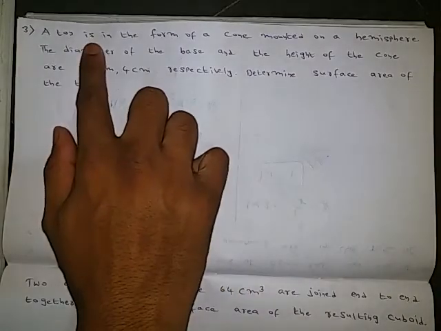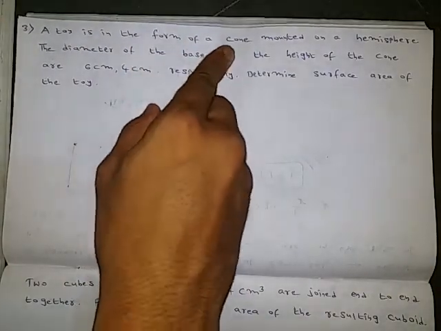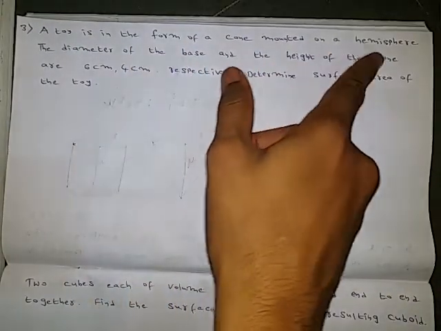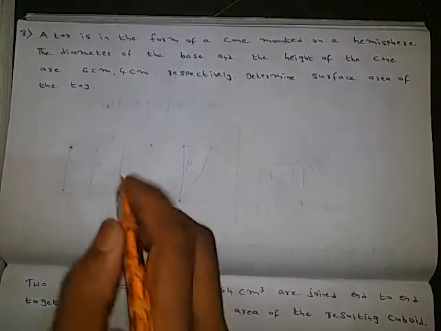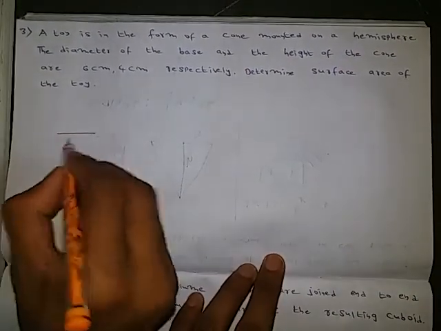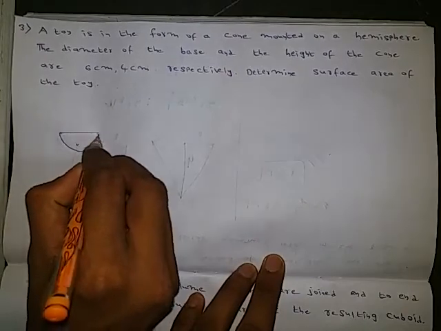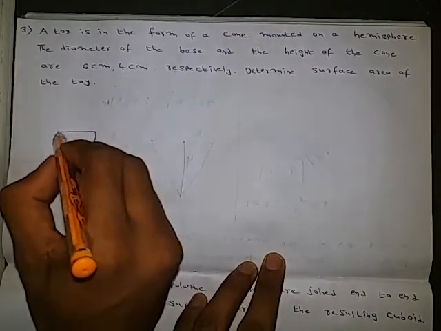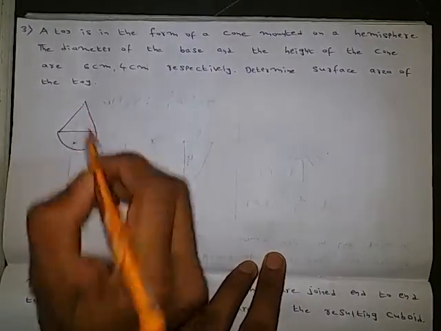Till now we completed some questions where only one figure is included, but from now onwards 3 figures will be joined with each other. So let us check that. A toy is in the form of a cone mounted on a hemisphere. We have one hemisphere. On this hemisphere one cone is there.